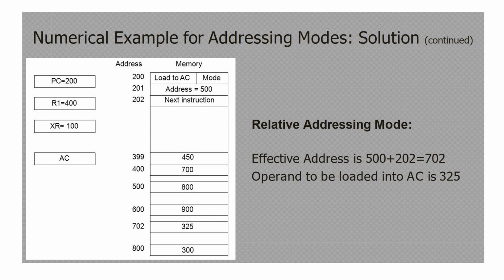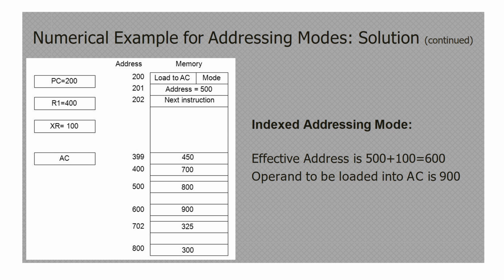Relative addressing mode means that we have to add the value of the program counter to the address. So this 500 plus the program counter, which is 202, means 702 is the effective address, and at 702 we have 325, so the operand to be loaded is 325.